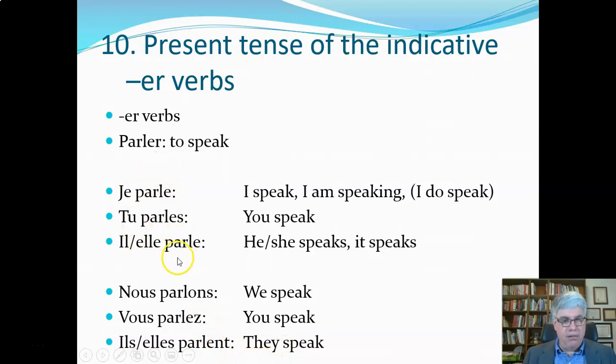So they're all pronounced the same, je parle, tu parles, il parle, except for the first and second plural, nous parlons, vous parlez. And notice also that it's il parle and ils parlent. So in spoken French, you can't tell the difference between he speaks and they speak.